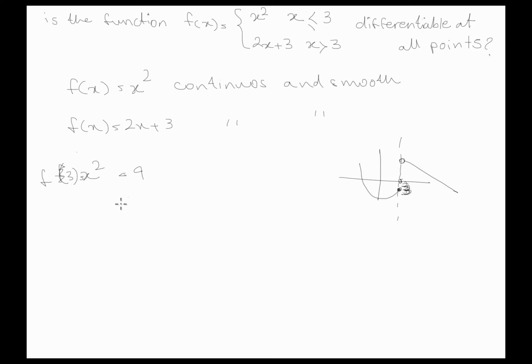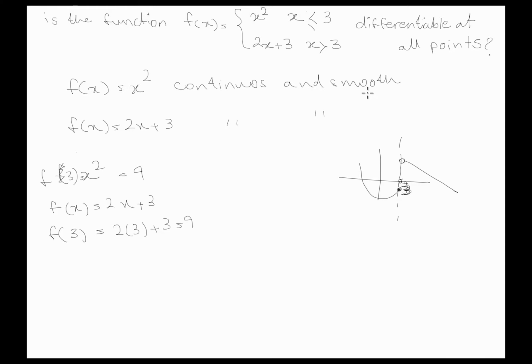That's going to be 9. And what is my value going to be if I'm looking at f(x) is equal to 2x plus 3? What is the y value of the function going to be if the value of x is 3? Again, you can see that that is going to be 9. So that's good news, kind of. That basically tells you that your function is continuous at least.